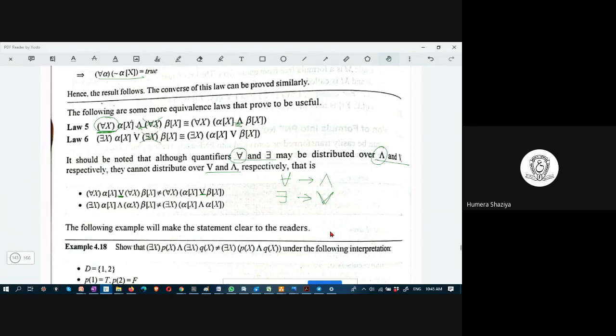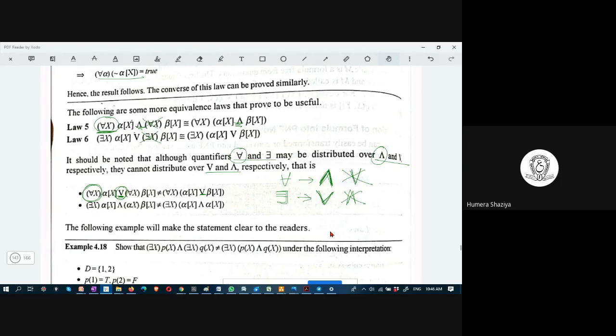For all quantifier may be distributed over and operator, but not for or operator. For all cannot be distributed over or. There exists can be distributed over or, but not for and. That is shown here. For all x, and there is an or symbol, and this cannot be taken out and placed here in this form.